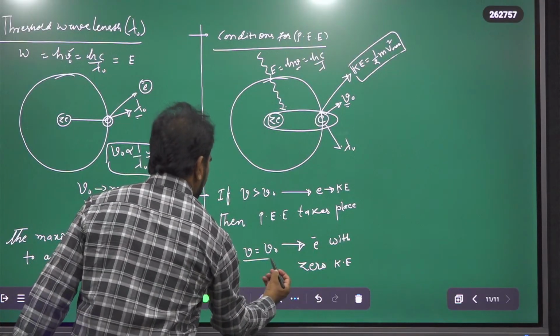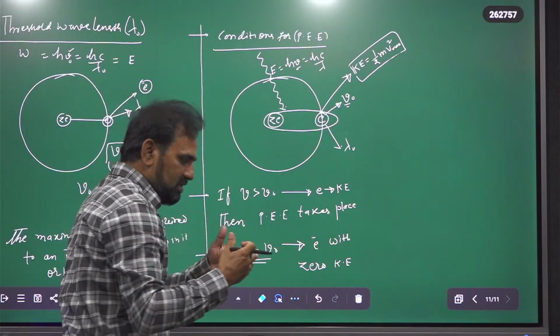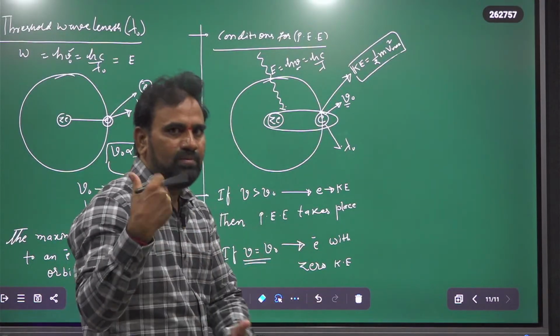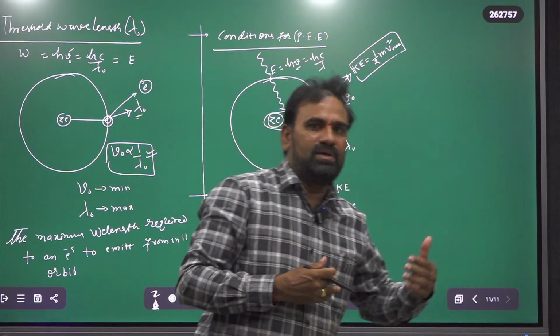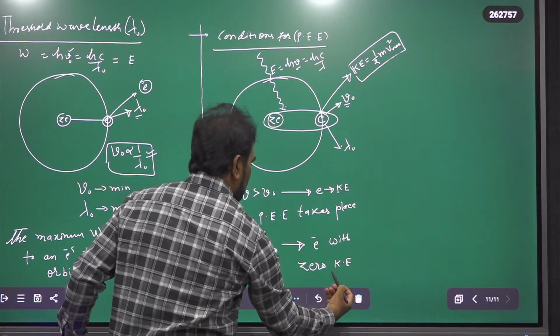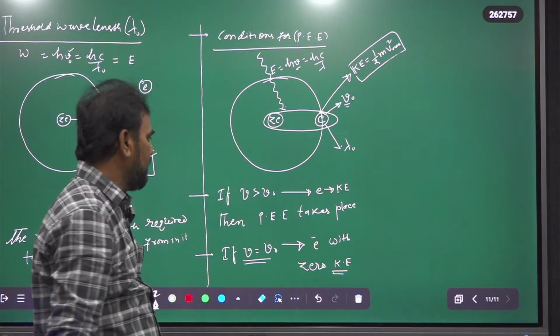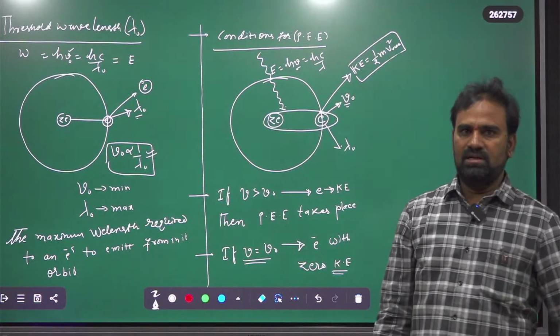The electron is slowly emitting, but the velocity is approximately equal to 0. It is ready to eject from its orbit with zero kinetic energy. In this case also, the photoelectric effect takes place.